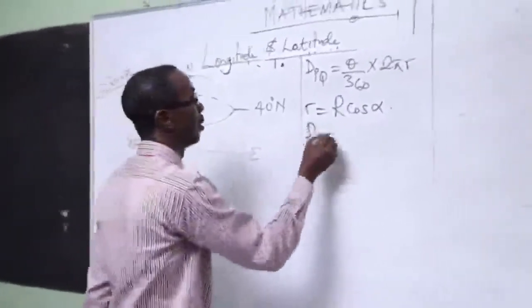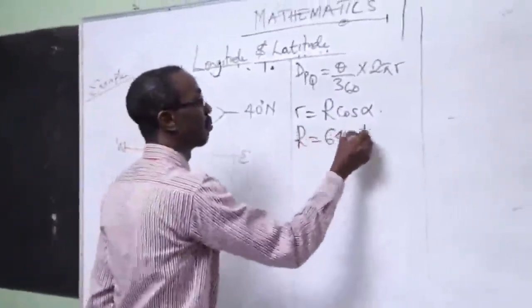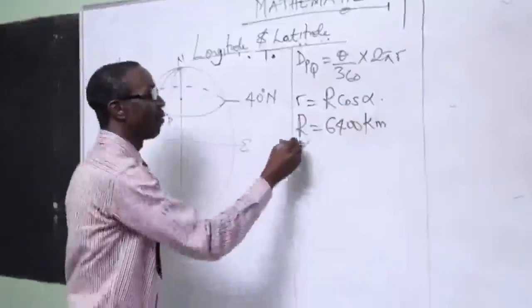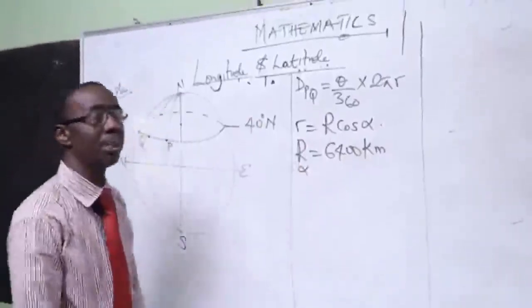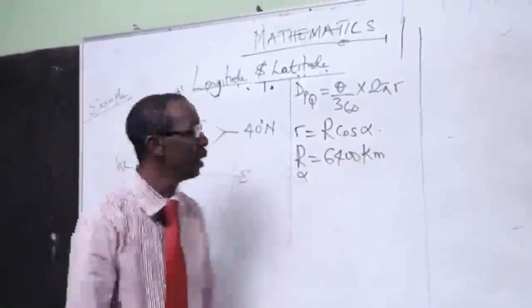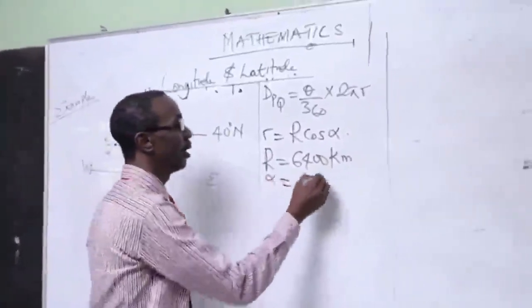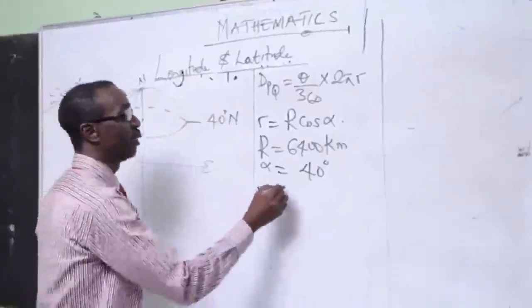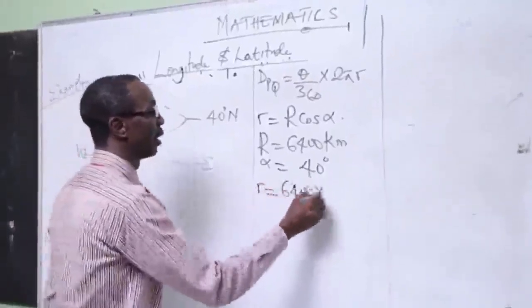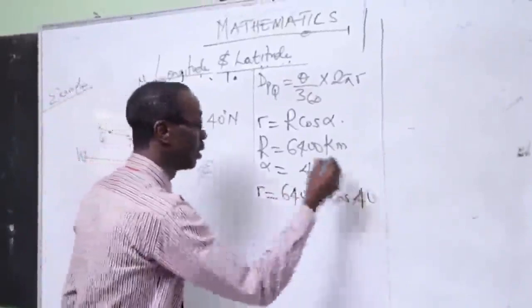That's capital R. And my alpha, with the diagram on the board, which is the degree of the common latitude, is 40 degrees. By substitution, my small r will be 6,400 times cos 40.